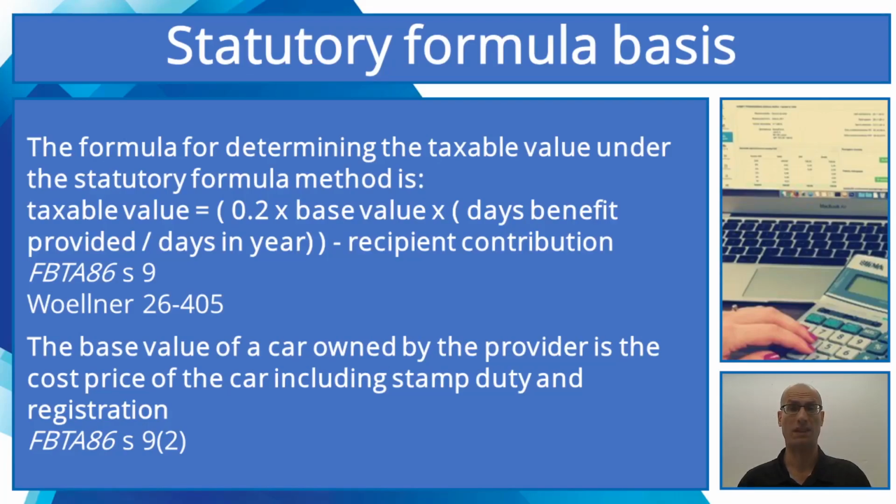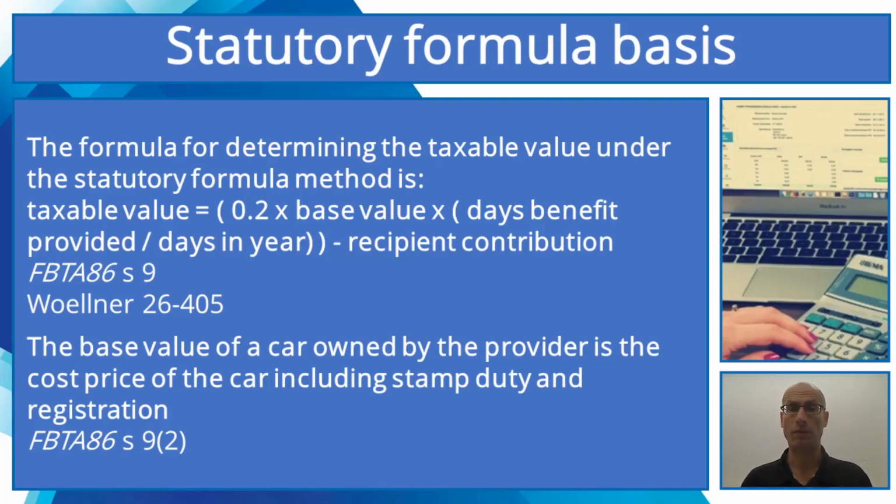And so that basically is the acquisition price plus the cost of registering it and paying stamp duty and so on. And so the idea is that you take that amount, you multiply it by 0.2, so 20% of that, and then multiply that by the fraction of days that the car has been provided to the employee or associate of the employee throughout the year.